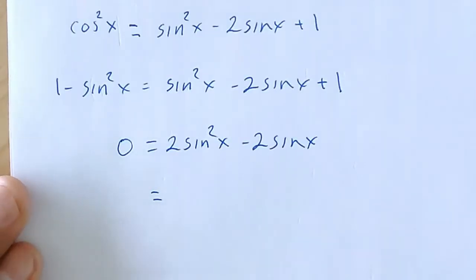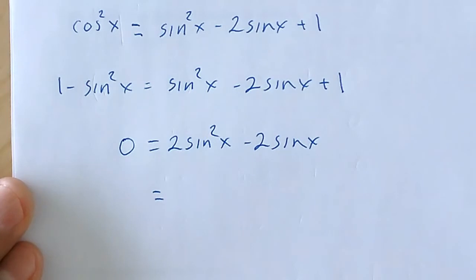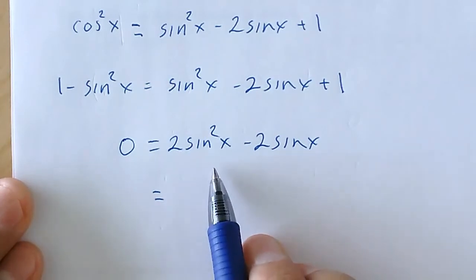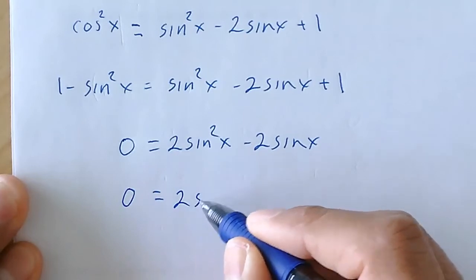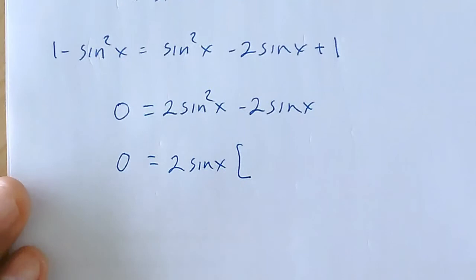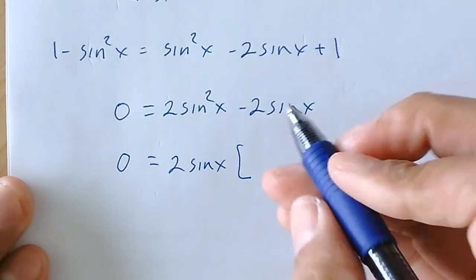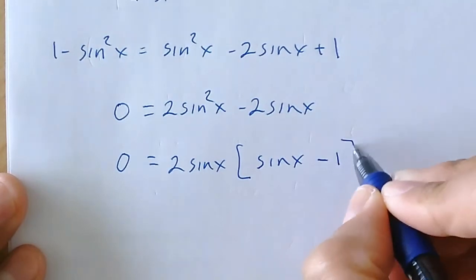And this is algebra. I could solve each factor, so each factor equal to 0. And this one I'm going to divide by 2. So I have sine of x equals 0, sine of x equal to 1.